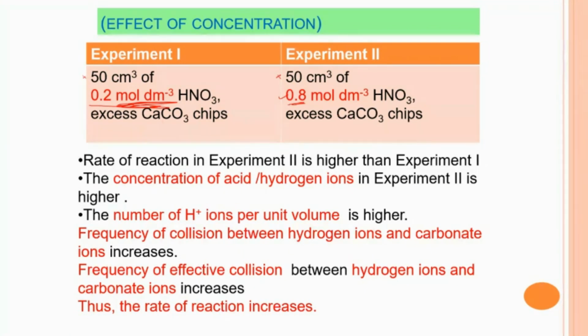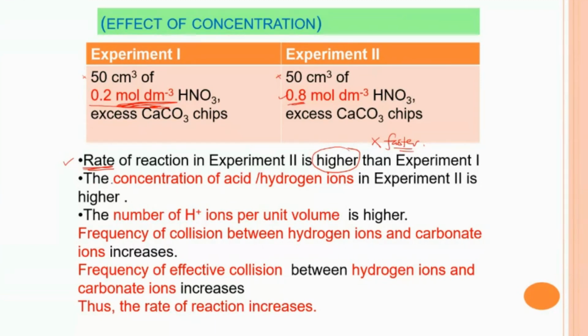You need to mention first that the rate of reaction in experiment 2 is higher. When we talk about the rate, we use higher or lower. Don't use faster. Don't use faster. Wrong.